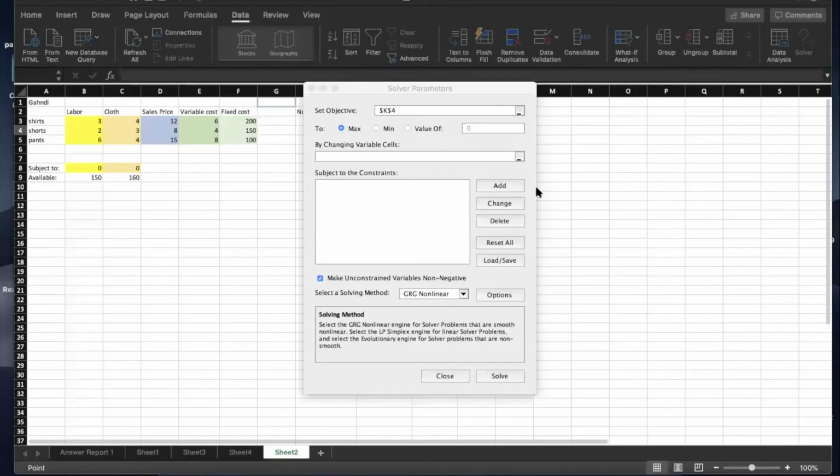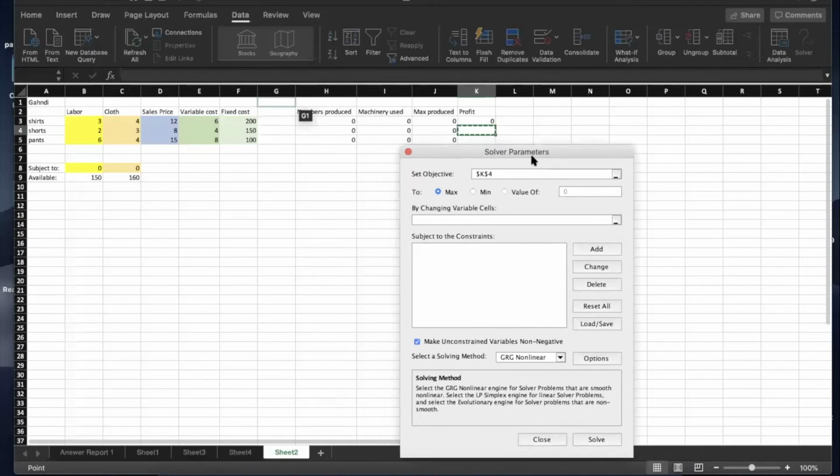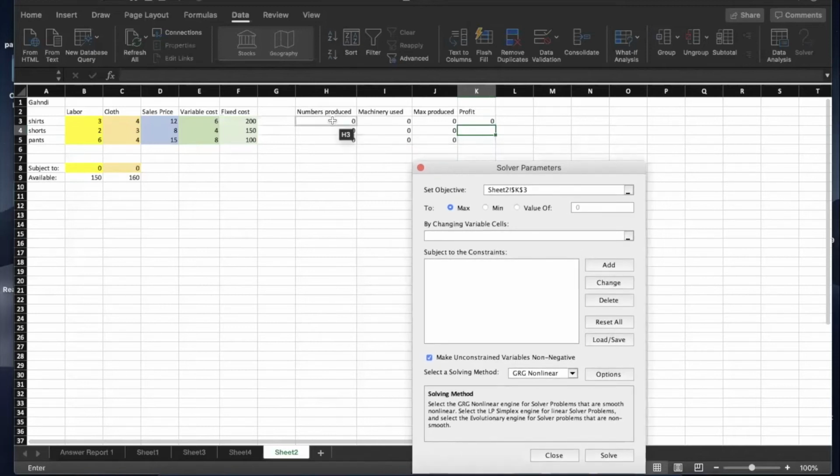Okay, there it is. So we're trying to maximize our profit. Let's just click on the cell that has the profit in it, and we are already at maximizing. Now we're going to select our changing variables, and that would be the number of shirts, shorts and pants produced, and the binary that says if the machine was used or not. Here I'm just going to click on it so you can see the highlighted portion.